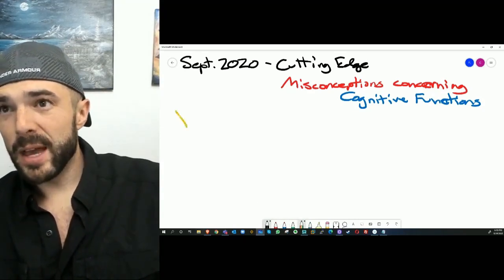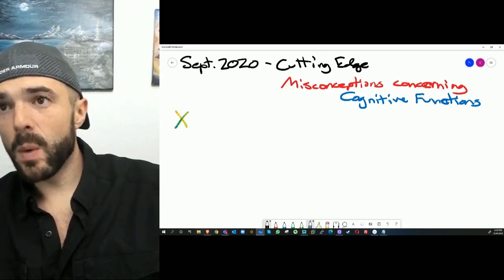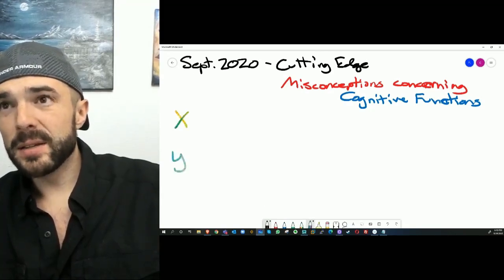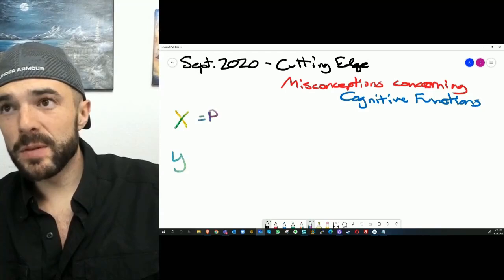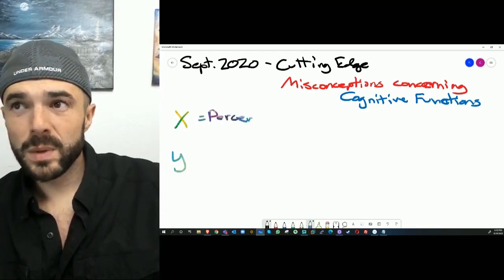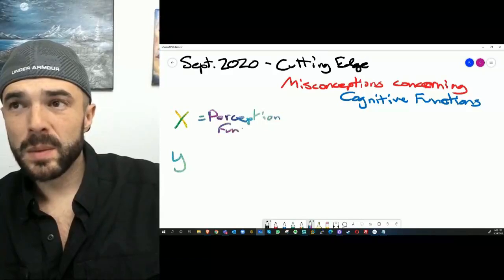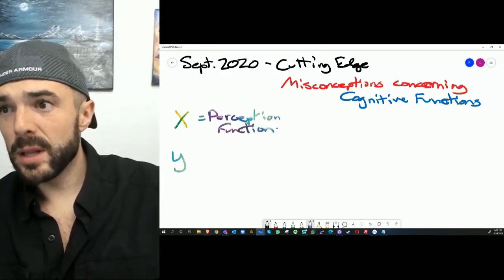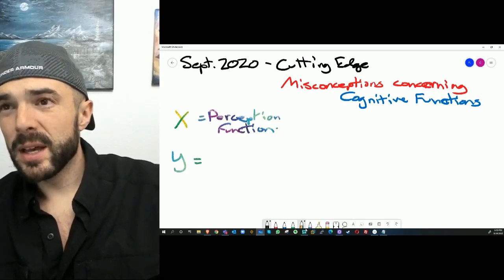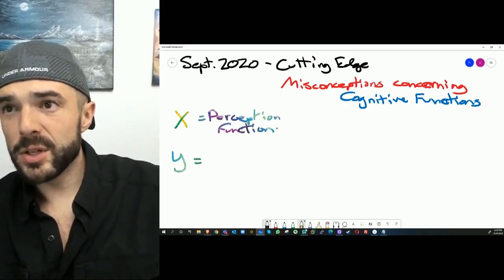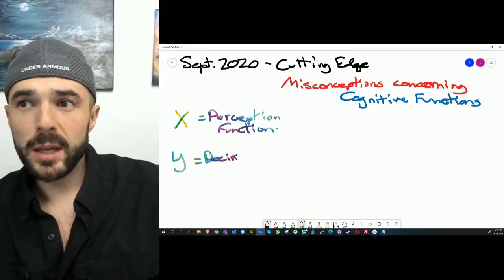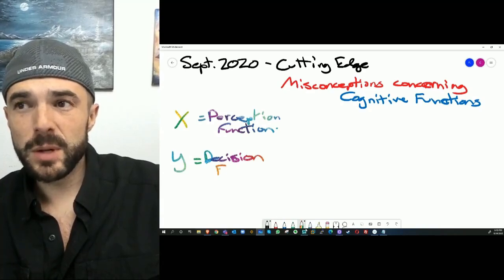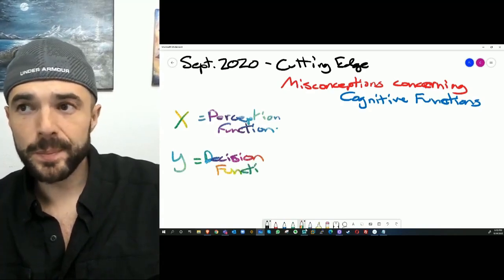We have X and Y, where X equals perception function, and Y equals decision function, but it's really a judgment function essentially.